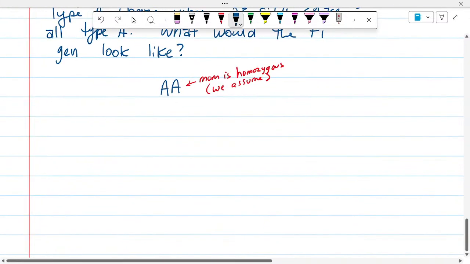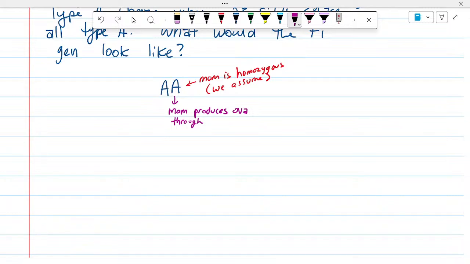So now, if mom is producing egg cells, if mom produces ova, by what process? When she actually made the ova, what's that cellular process? Meiosis. Very good. Right?